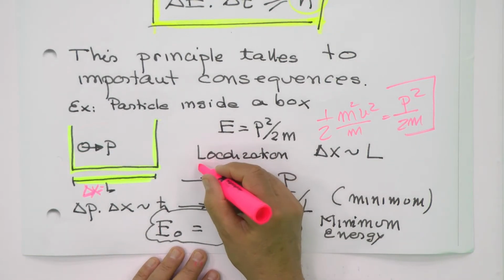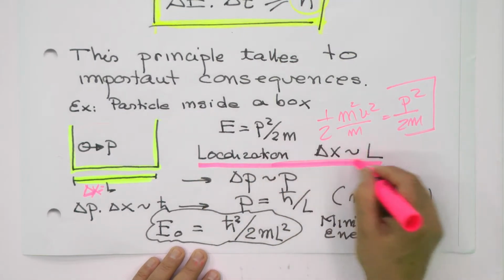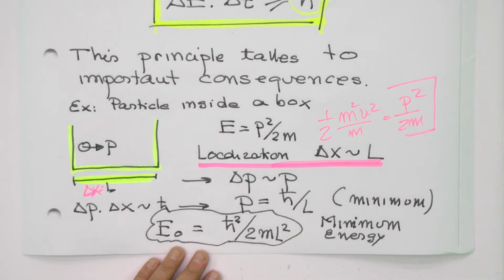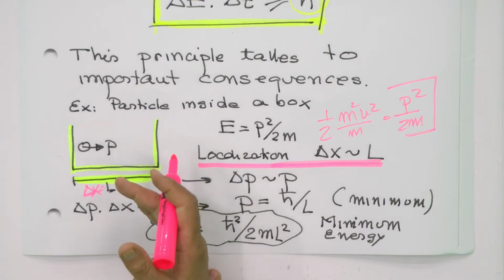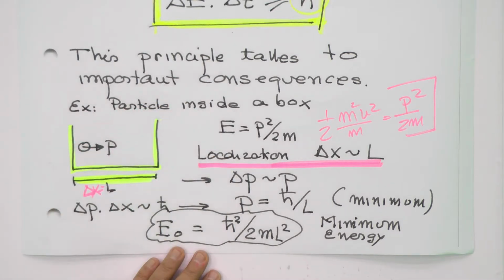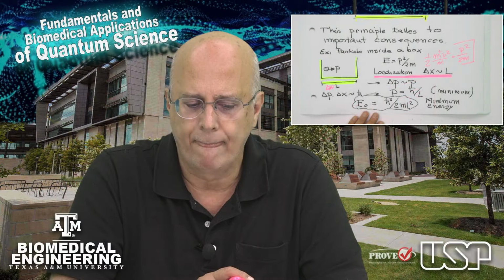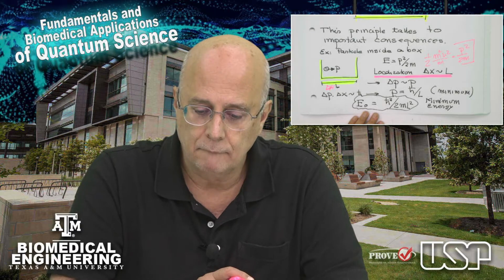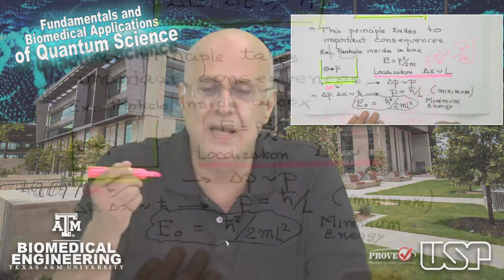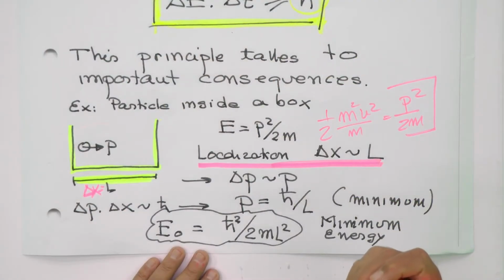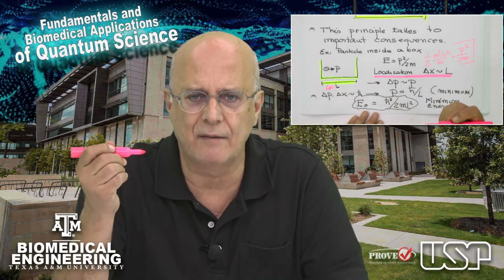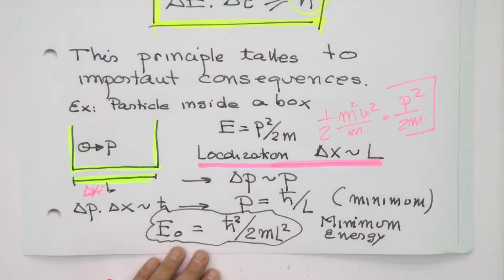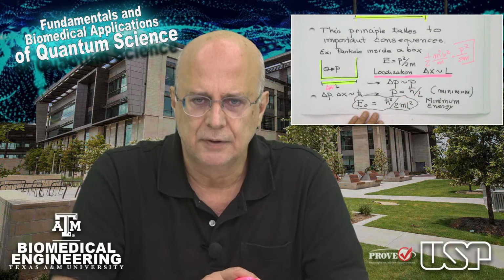And we know the localization is L, because we are sure the particle is somewhere in this box. Now, the minimum I can have is the momentum equal to the imprecision. That's the minimum I can have, right? That's the best I can do.